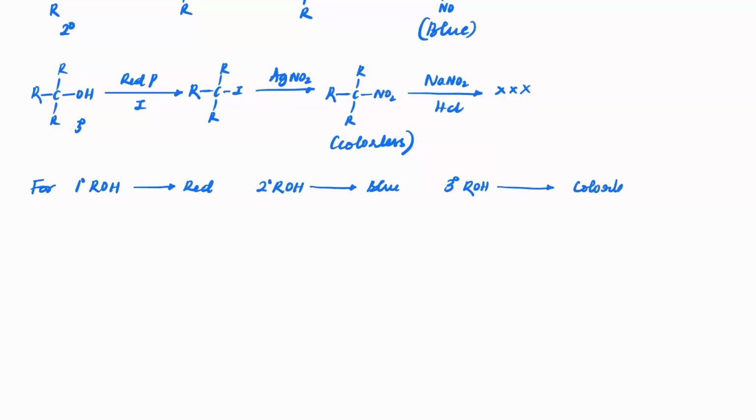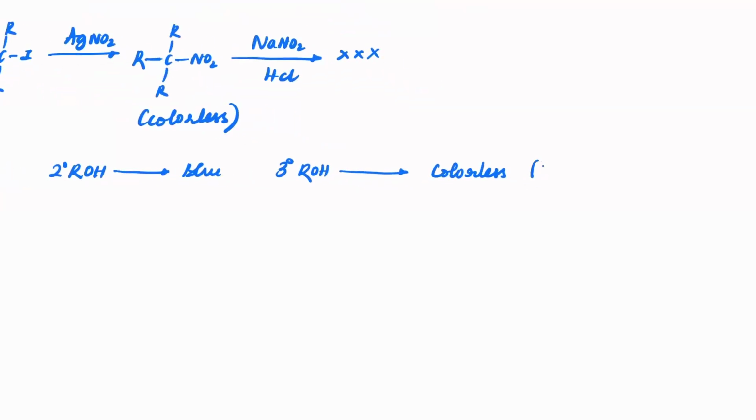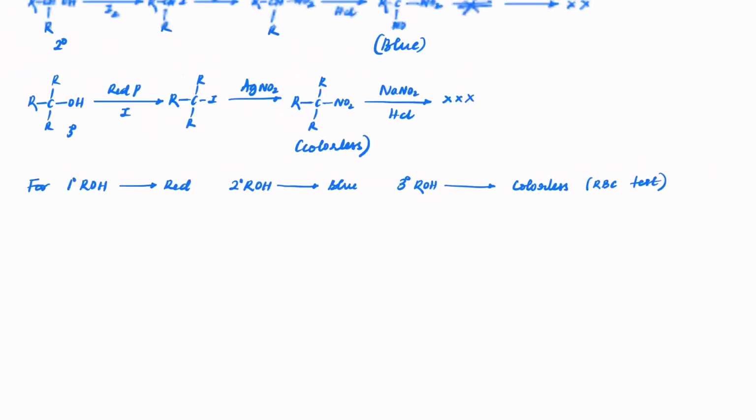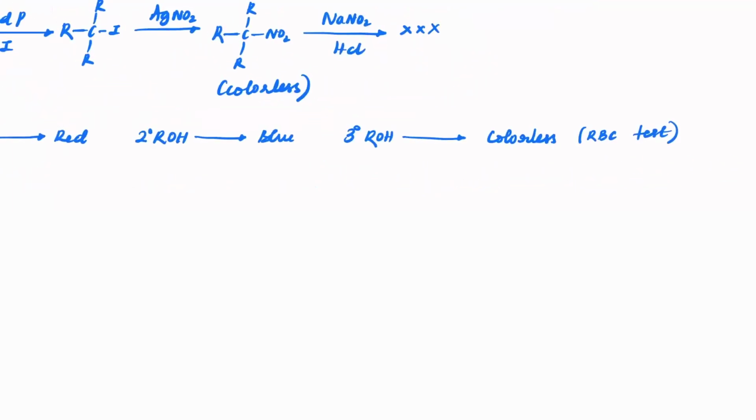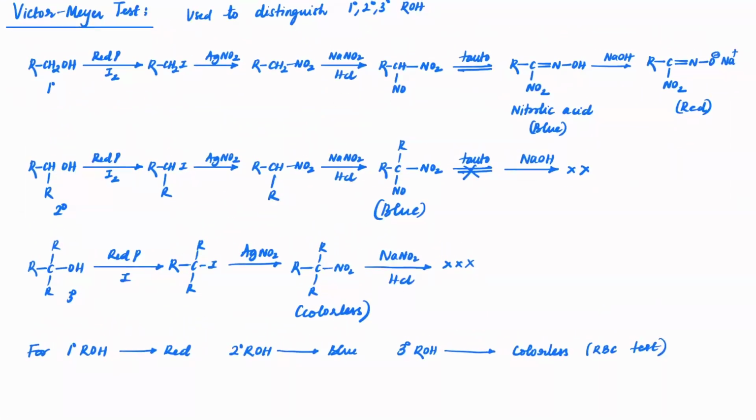So you can memorize this as RBC test, just like how we write red blood cells. Here we are writing it as red, blue, colorless. So this is Victor Meyer test, everybody.